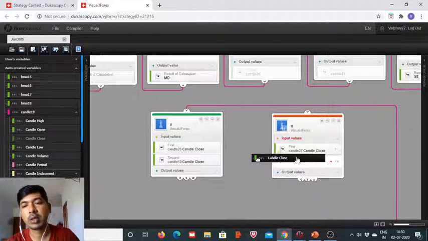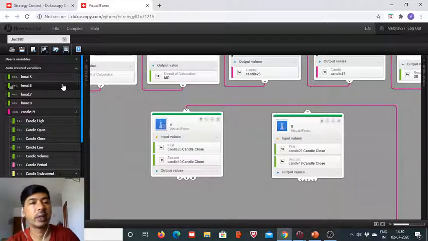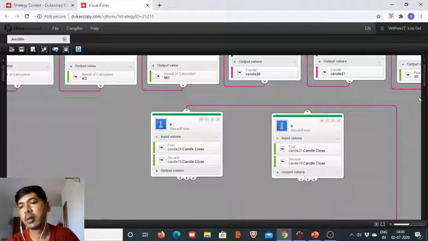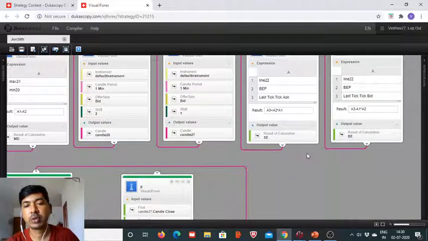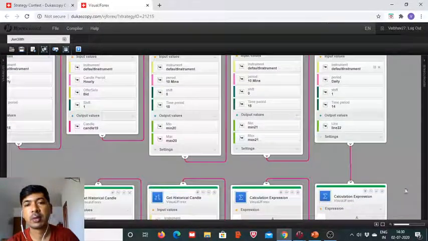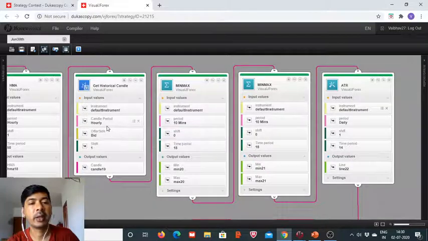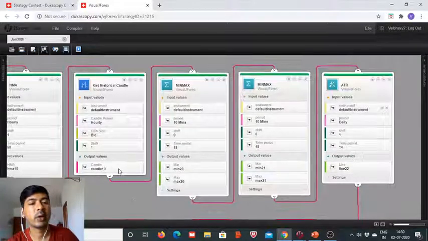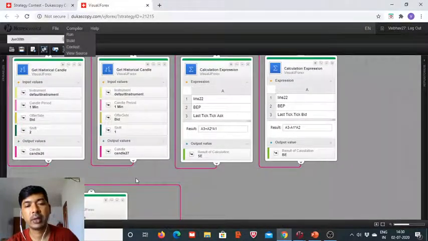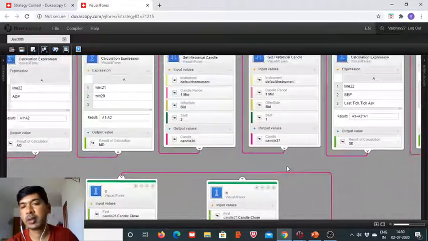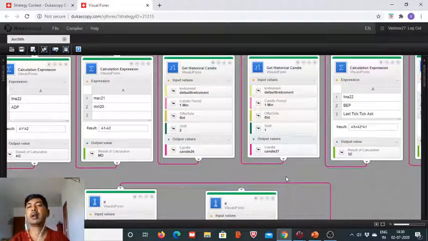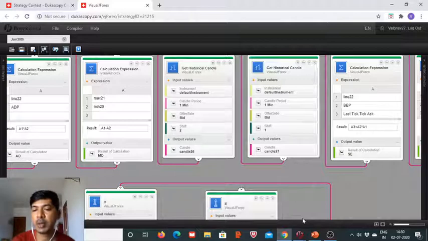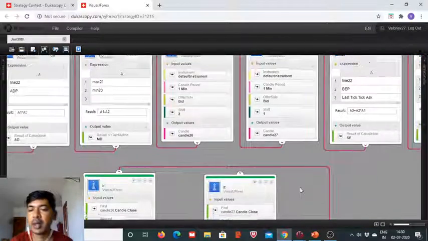So here we got this candle 19's closing level. So here I will show you candle 19 is 1 hourly candle defined for last hour. So here we now have this system in place, and the candle 27 should be below the last hour's closing level.